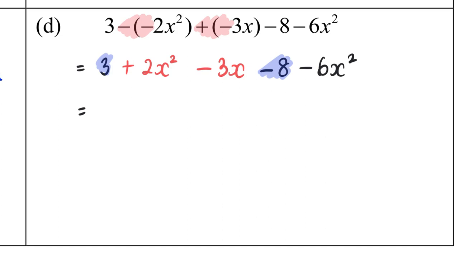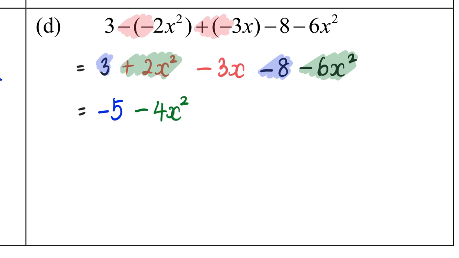3 and minus 8, this will give me a value of negative 5. x squared and x squared. So 2 minus 6, that will give me a value of negative 4x squared.